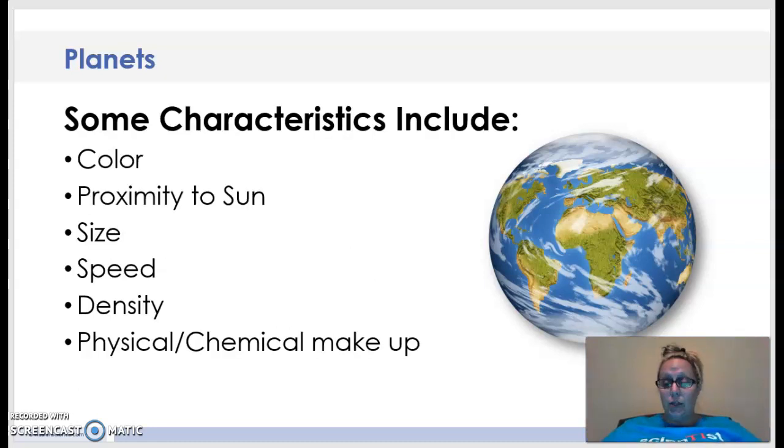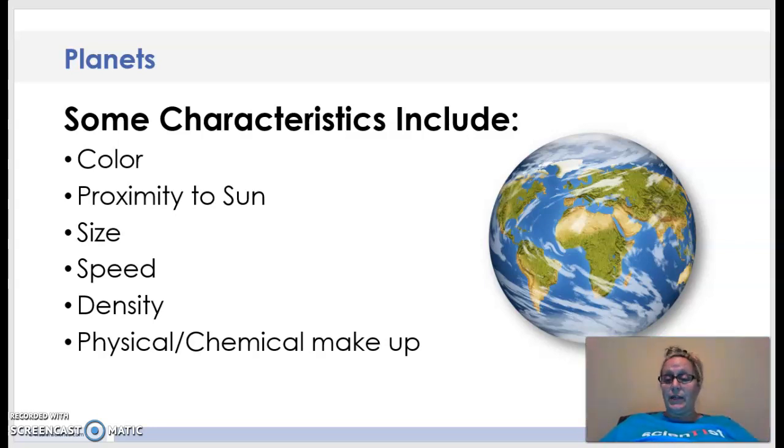What are some characteristics we're going to talk about? So some characteristics would include things like the color. So if you look at Earth, you see blue for the water, green and brown for the land. Uranus and Neptune have a blue color. One's a little bit darker than the other. Reds and some earth tones, things like that.